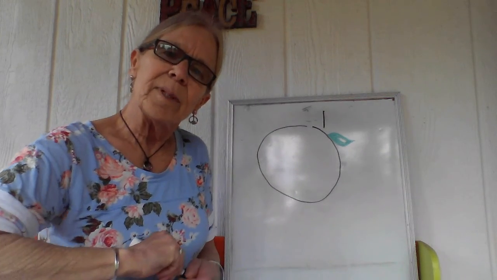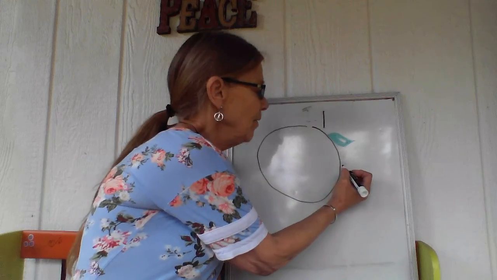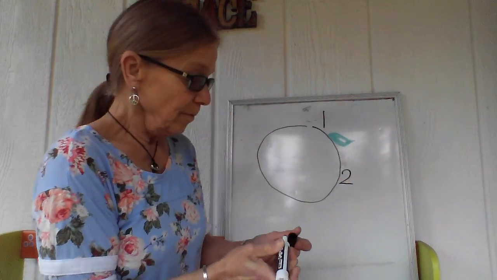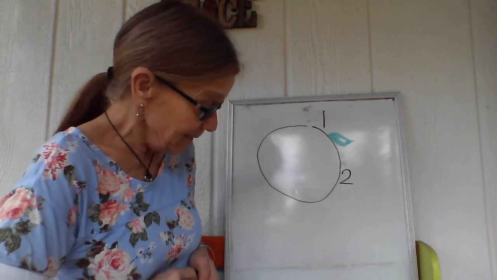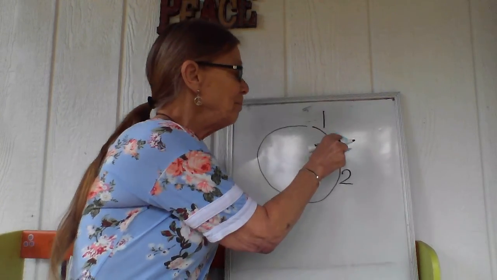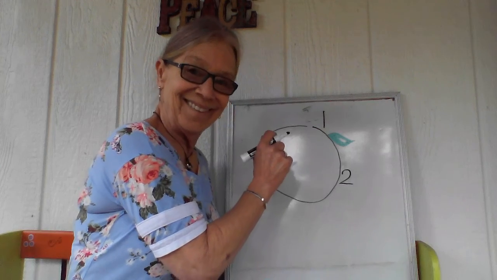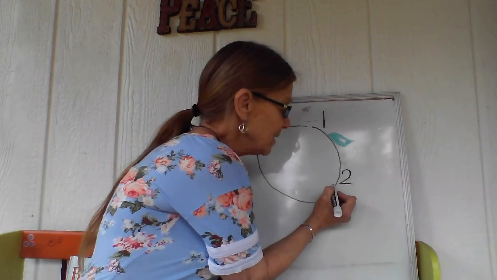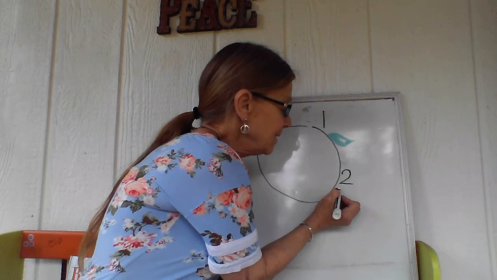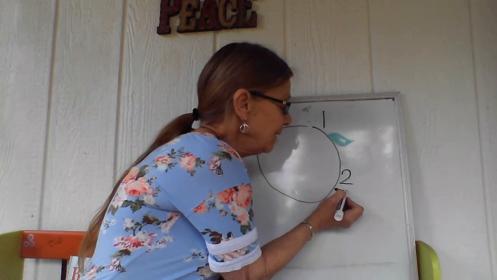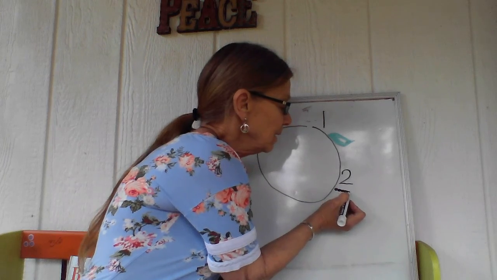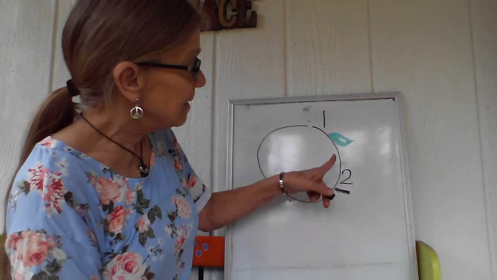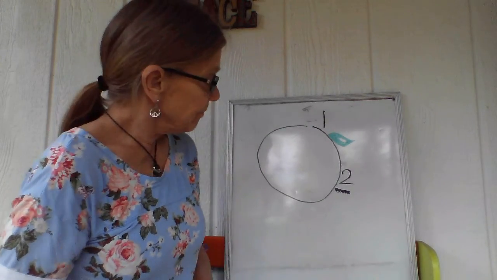What's the second thing that happens? The second thing that happens, number two, is that a caterpillar comes out of that egg. It hatches, and it is a tiny caterpillar with legs, and it eats leaves.